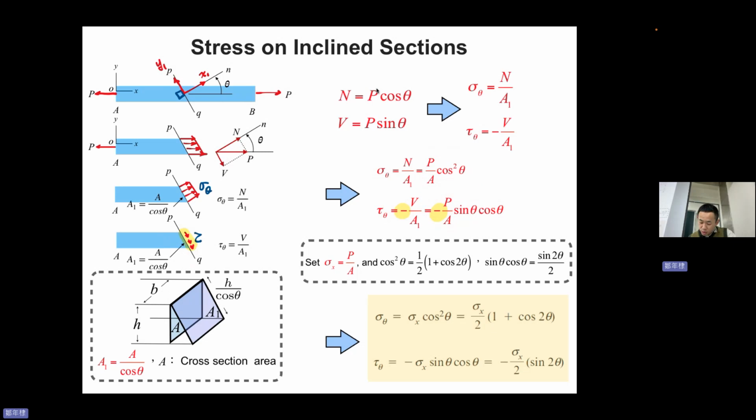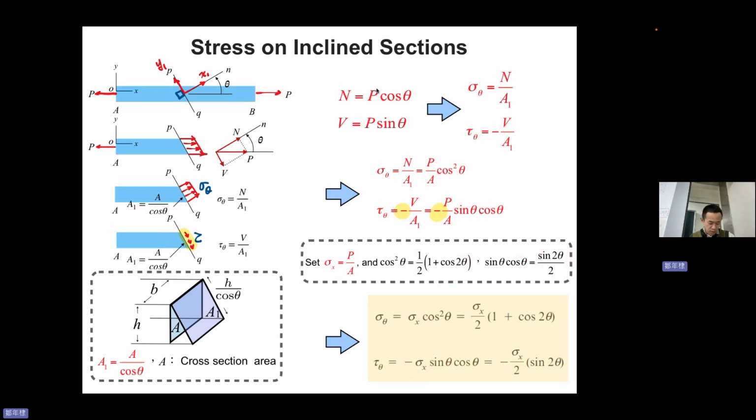Of course, your cosine theta. You can see sigma x equal to P divided by A. So this one can be substituted by sigma x. So sigma x, and cosine theta square equal to this one, and sine theta equal to this one.